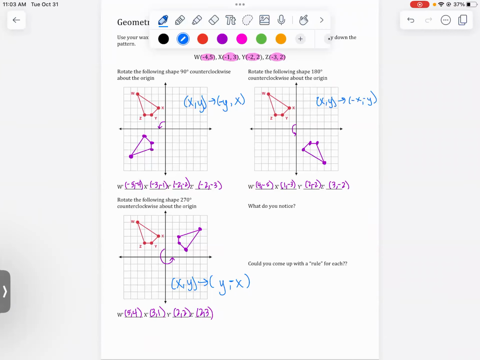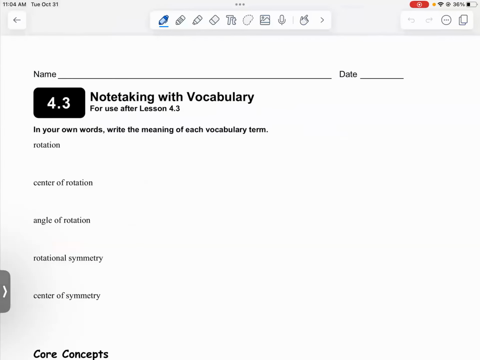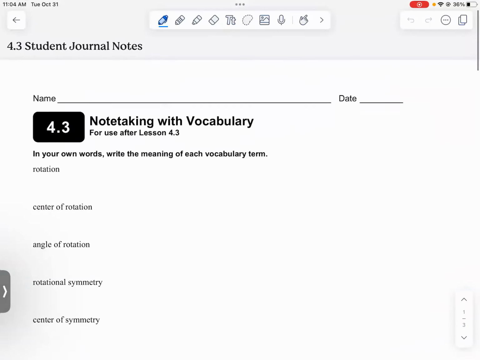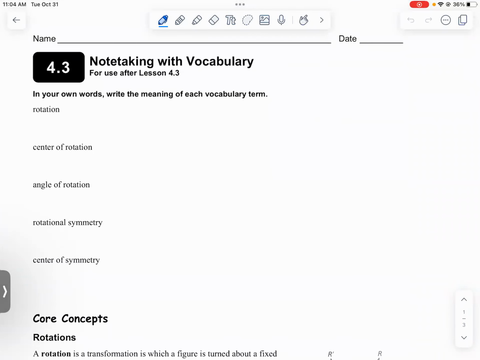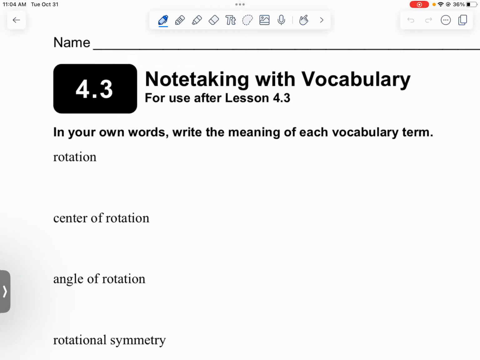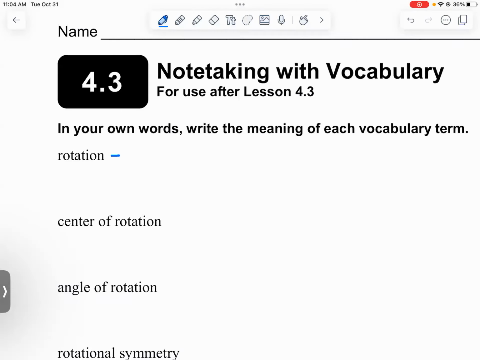What I'd like you to do is go ahead and keep this stuff out, but get out your student journals, please. And we're going to turn to page 104. We are getting homework, but I will do my best to get some time in class to work on it.